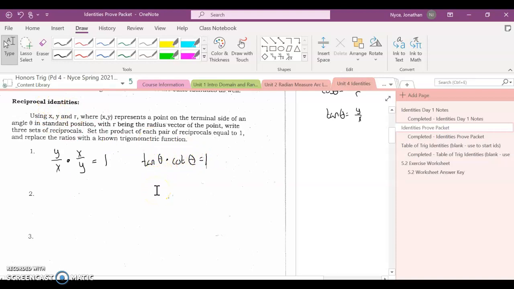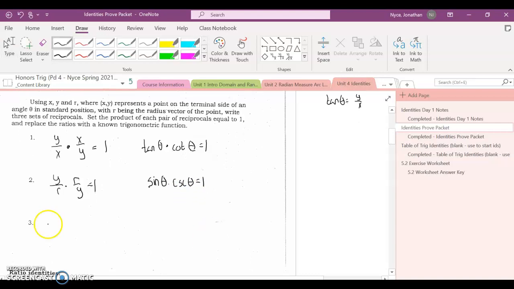If we do the other combinations, if we do y over r times r over y equals 1. Well, we know y over r is sine, r over y is cosecant. If we multiply those together, we get 1.